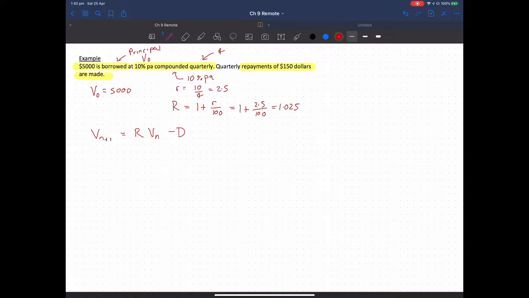So that means D is equal to 150. Let's write down our equation. Vn plus 1 equals R. R is 1.025 times Vn minus D, which was 150.